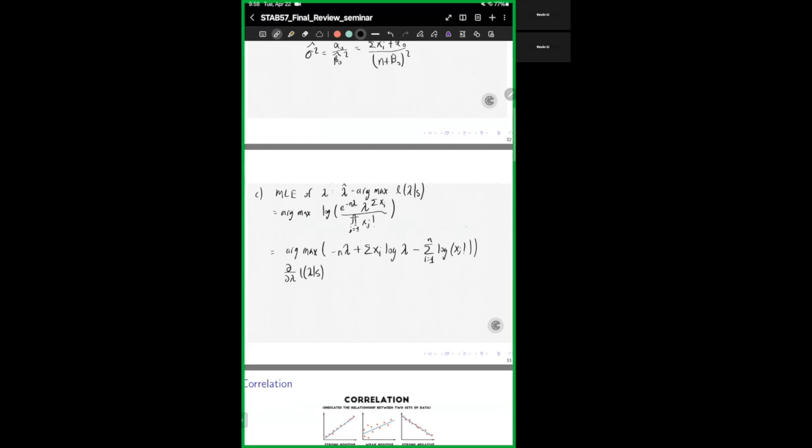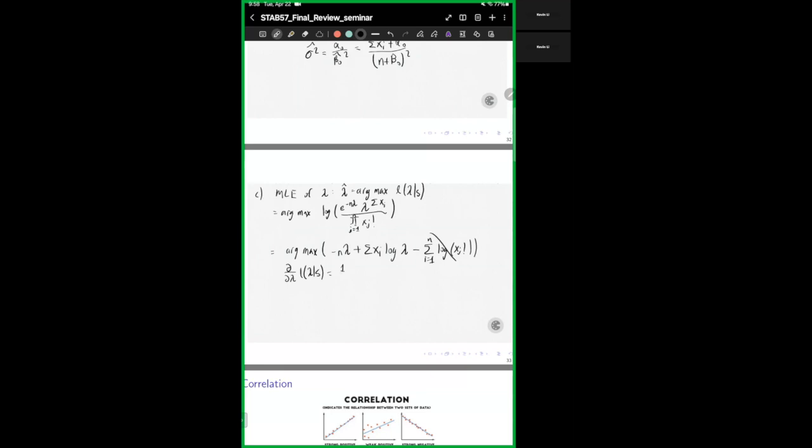So this one we can get rid of entirely, and then this one vanishes, and it is equal to, let's see, this one.